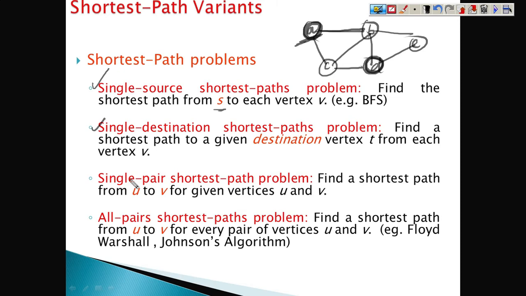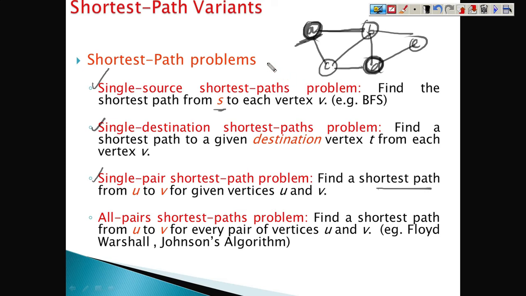Then there is the single pair shortest path problem. In this case, we are interested in finding a shortest path from U to V for given vertices U and V. Single pair shortest path means in the given graph we are only interested in a particular pair, and we want to know the minimum distance or the shortest path between these two vertices.